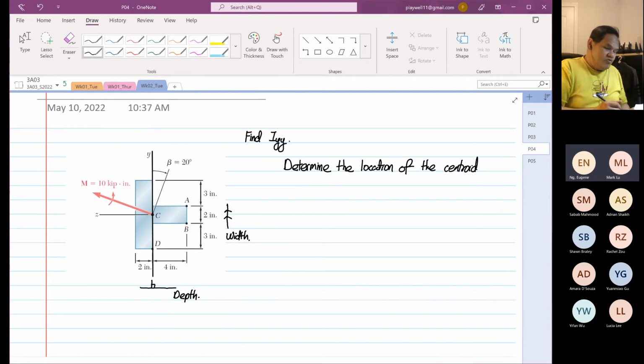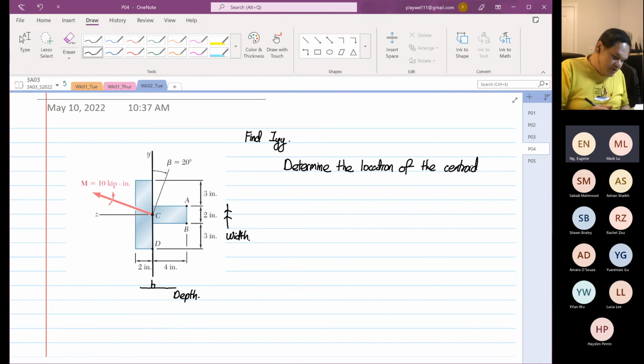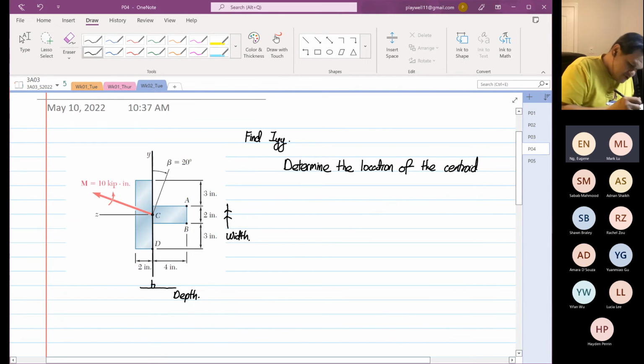So we are going to call this our section 1. What we want to find is our small z. And then this is our section 2. We're going to take our geometric datum at the top. At this end is our geometric datum.